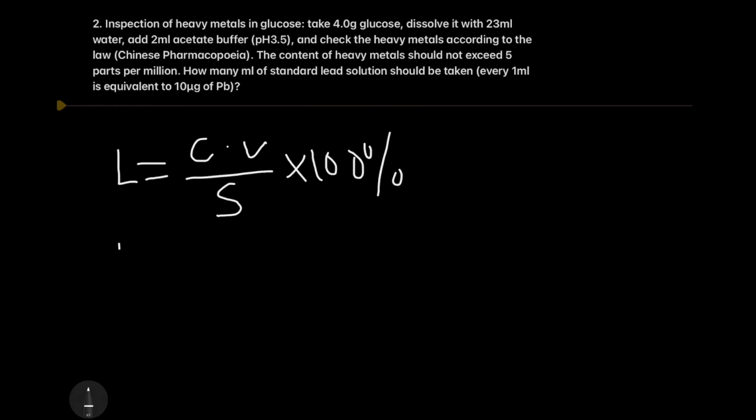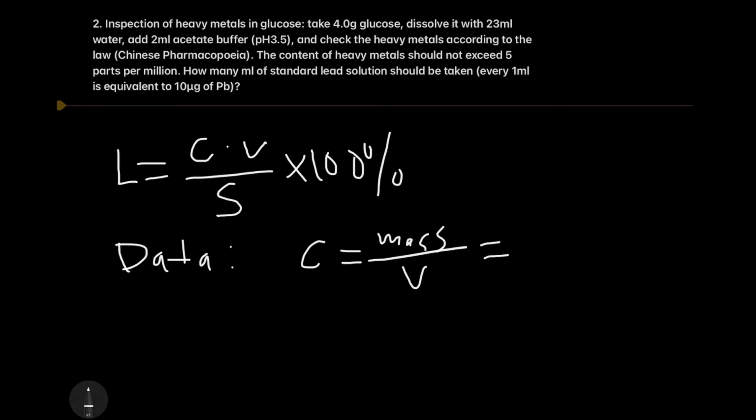Okay, so let's get our data together and replace our values into the equation. We can start with concentration, which we know is equal to mass over volume. The concentration is usually given in brackets, as we can see. They're saying every 1 millimeter is equivalent to 10 micrograms of lead, so 10 micrograms divided by the volume, which is 1 millimeter.